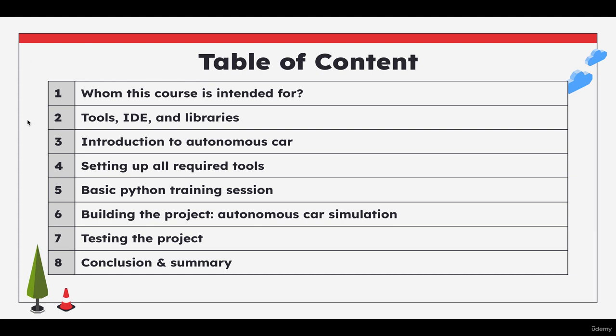All right, let's move on to the second chapter, tools, IDE, and libraries. In the second chapter, I'm going to provide you with a list of tools that we're going to utilize. I'm going to explain the programming language that we're going to use. Obviously, we're going to use Python. And for the IDE, I'm going to give you some options.